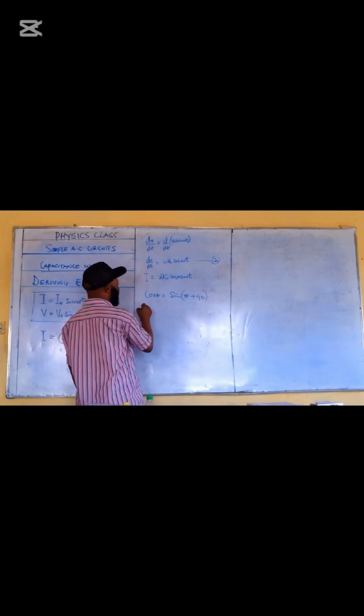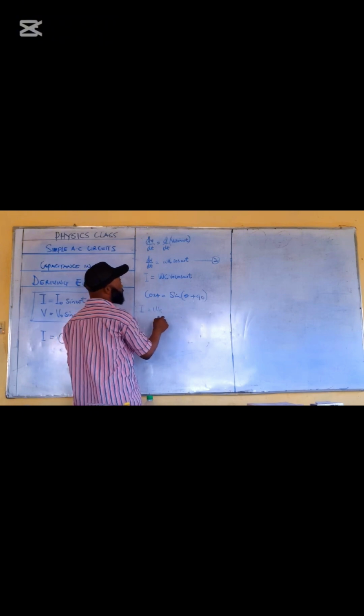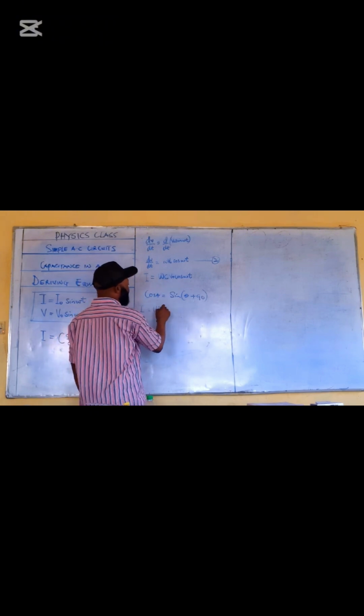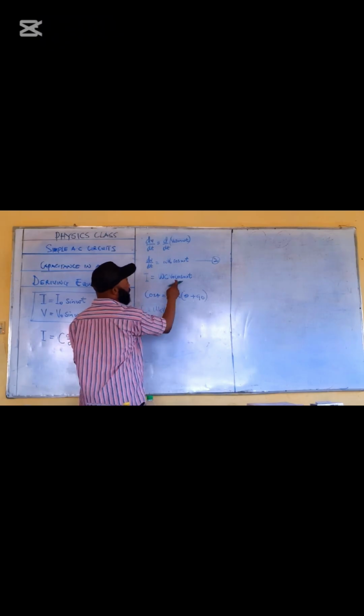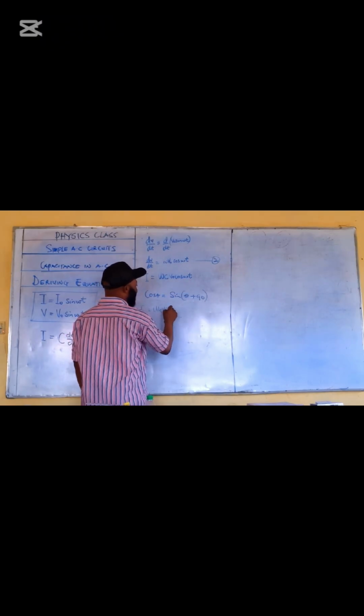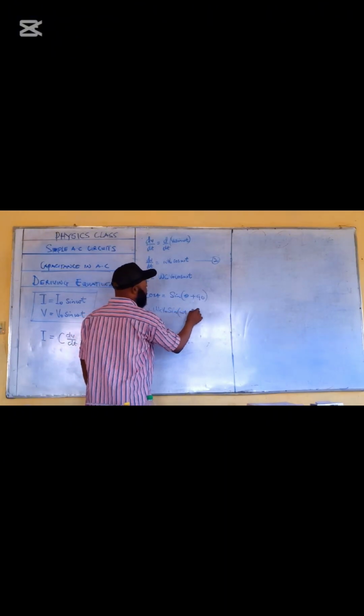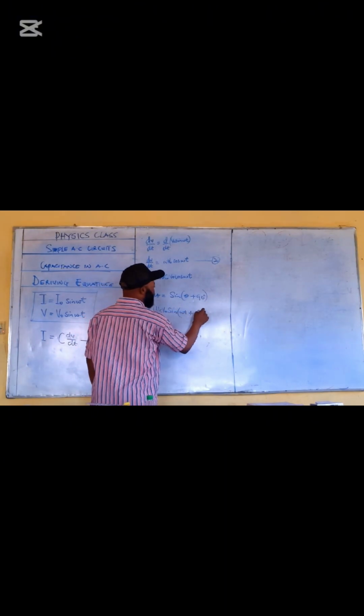We have I is equal to WC V naught, and cos WT becomes sine open bracket WT plus 90 degrees.